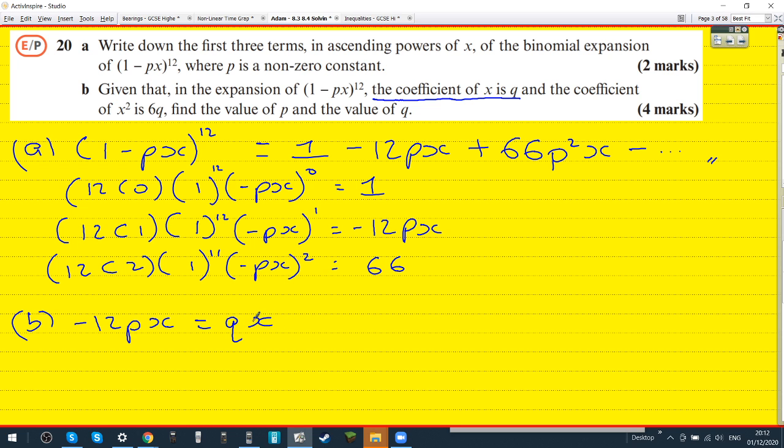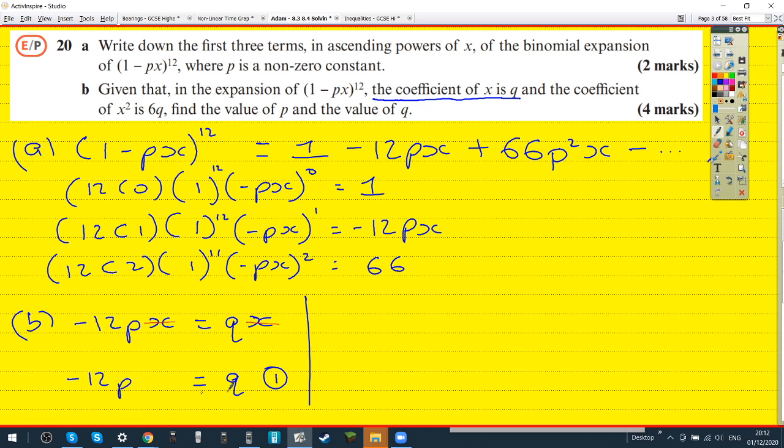The coefficient is the number in front of it, but we just don't know what number that is. How can you simplify this equation? Divide by x on both sides. Yes. What would you get? Minus 12p equals q. You'll notice though we still have two unknowns, p and q. Okay, so what can we do?